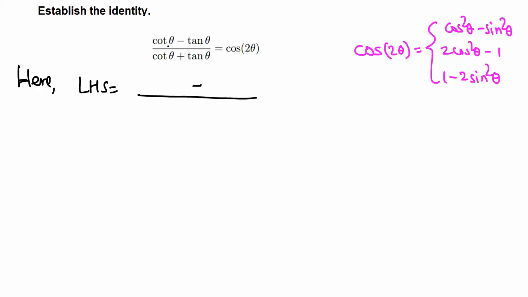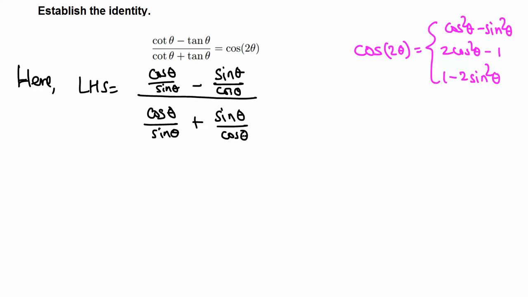So on the top, cotangent is the ratio of cosine over sine, tangent is sine over cosine, same thing on the bottom, plus in the middle. That's cosine over sine, this is sine over cosine.